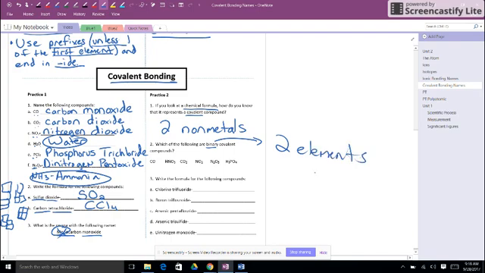Even if there's PCl5, it's still made up of two different elements, so that would be binary. So let's see, carbon monoxide. We have three elements there, so no. Two elements here, two elements here, two elements here, three elements, no. So the term binary is referring to two elements in the compound.